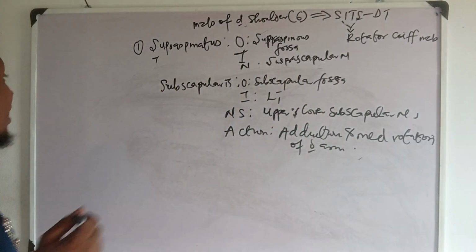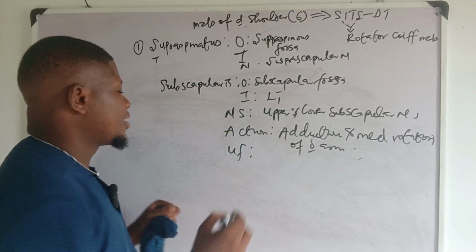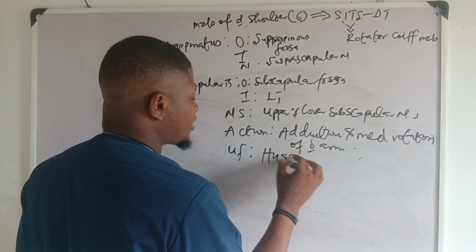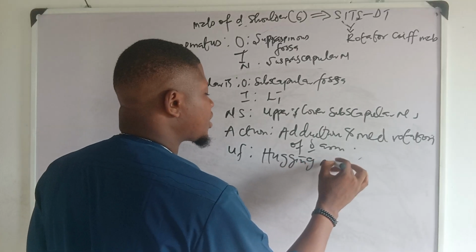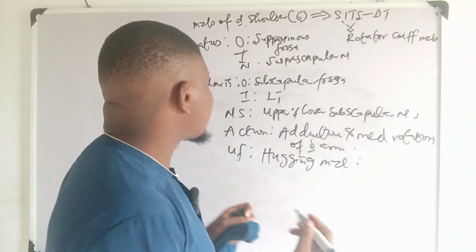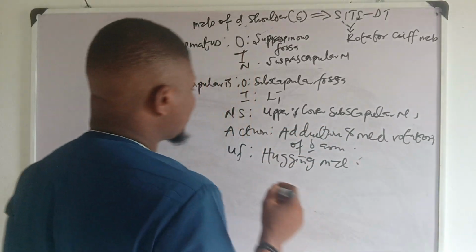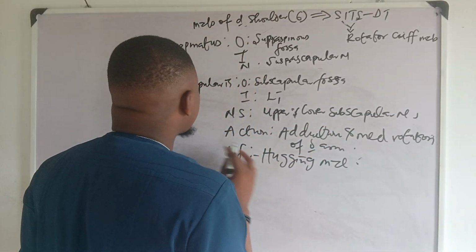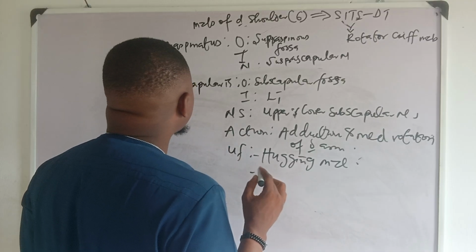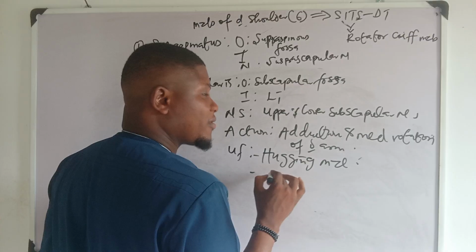Then unique feature, what is unique about this guy? It has a unique name, it's called the hugging muscle. Maybe the reason is that this guy does medial rotation of the arm. Another thing about subscapularis is that it forms the lateral wall of the axilla.